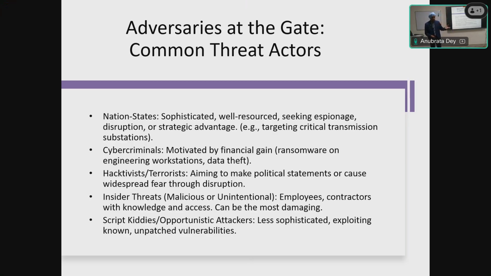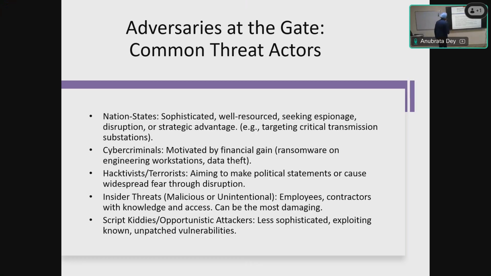Because I'm from Canada, I know about it, and I'm sure almost every country is affected. Other nation states are trying to gain strategic advantage. It may be intellectual property, it may be technology, even knowing the secrets.